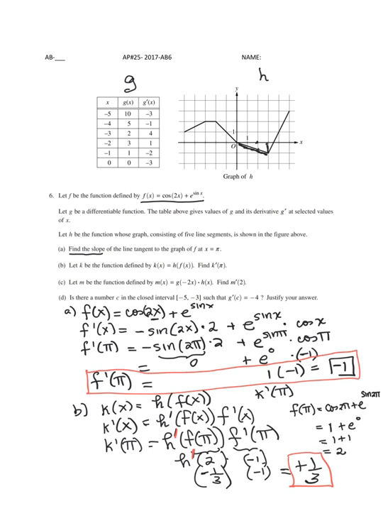G at -4 is 5. And the derivative of g at -4 is -1. So we're going to substitute h at 2, I'm going to erase this because I wrote all over it, is not quite -1/2.